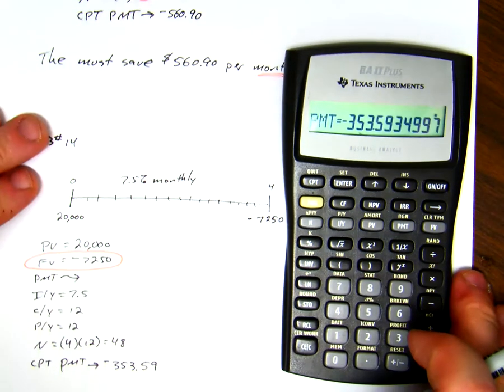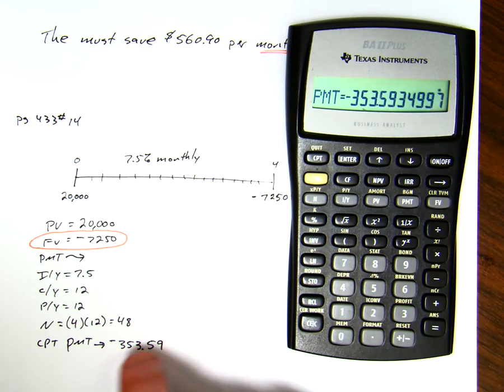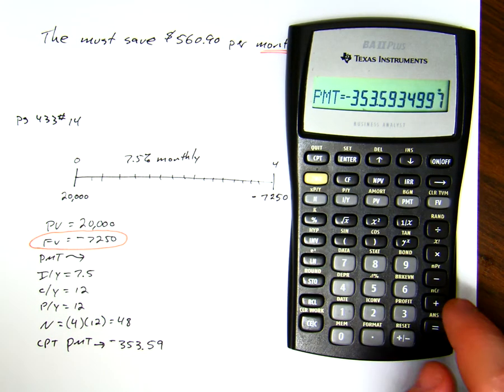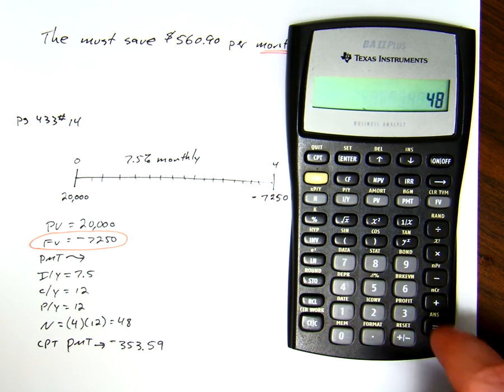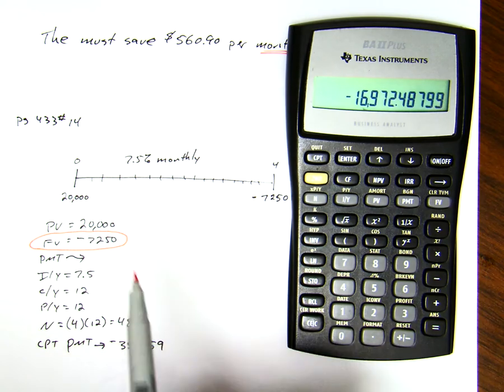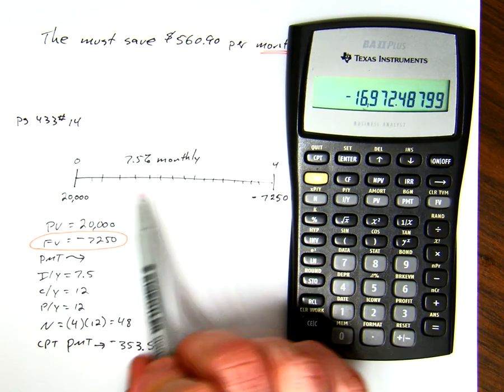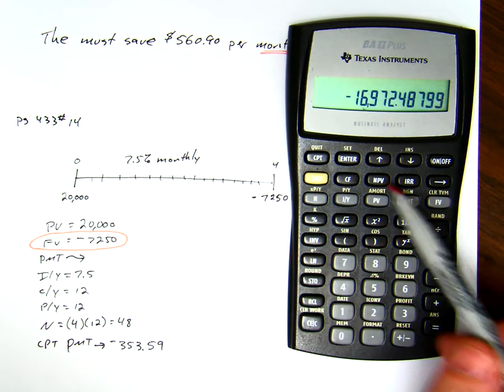So what I'm going to do is take a look at the two values. If this value is 353.59, and I multiply that by the 48, we're going to pay about $17,000, which is close to the difference here. It's a little bit more than the $13,000 that we actually paid off, but it's close.